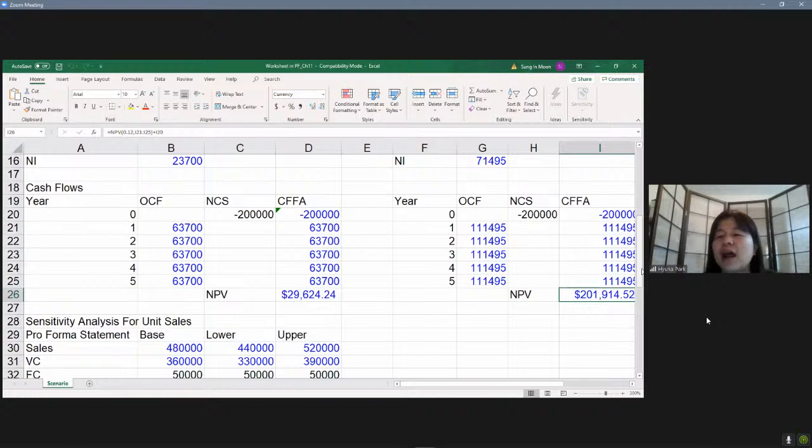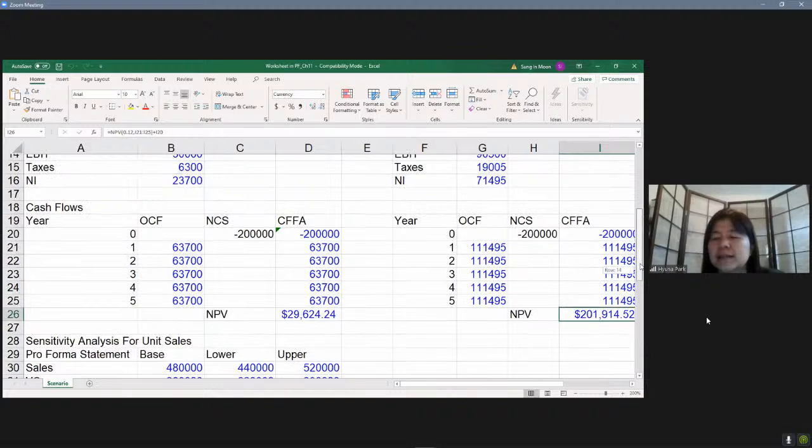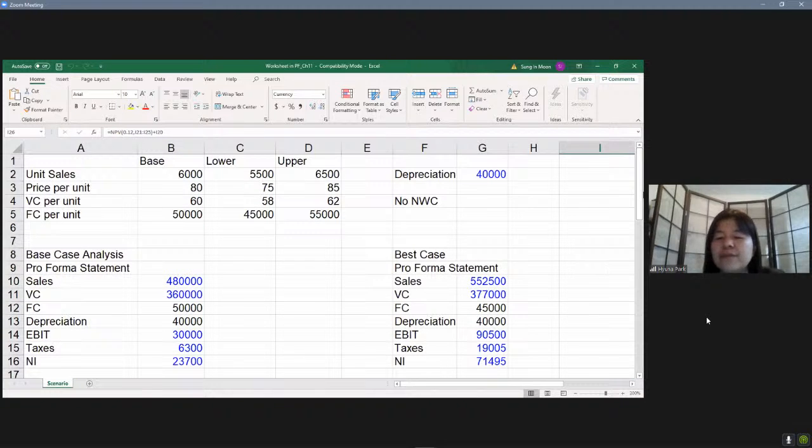And this will have a large impact on the value of the company, meaning that the stock price will be highly dependent on this kind of volatile project. So if you're able to calculate this best case NPV, move on to the worst case.